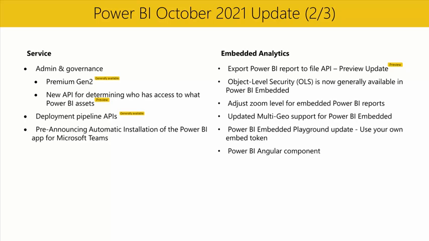Once you've generated an embed token, you can enter it in the Playground to test the report and ensure that the correct content and access levels have been set. You can then continue to explore our APIs and test them out on your report.